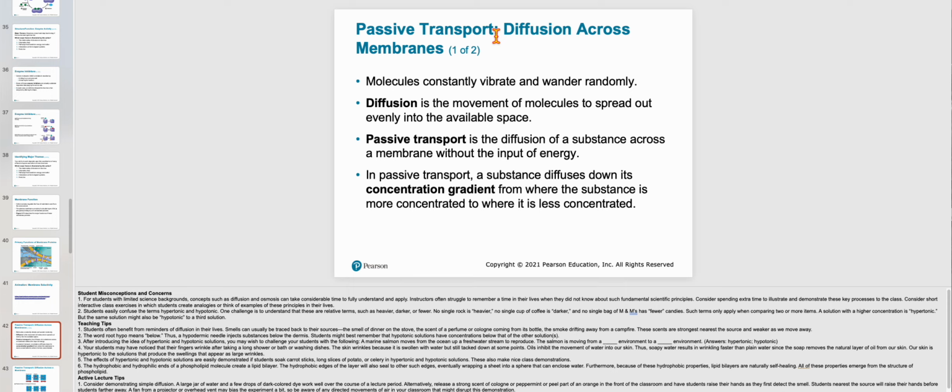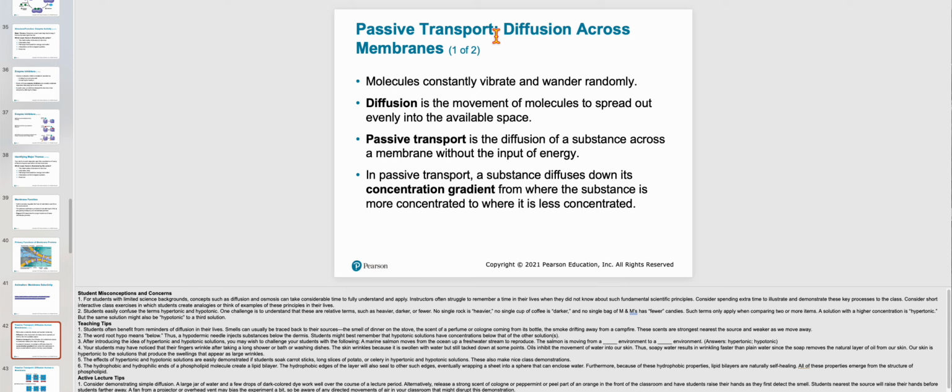Now, the best example, which you see on this slide, is diffusion. That's your first example of passive transport. The example you'll see, either from me or in the lab version, is taking a glass of water and putting food coloring in it.